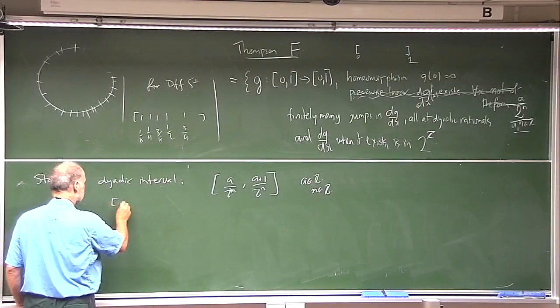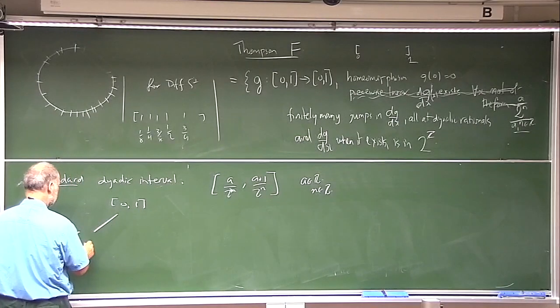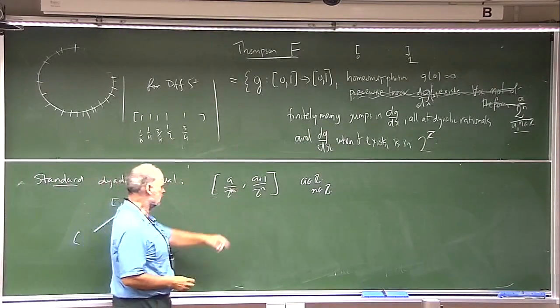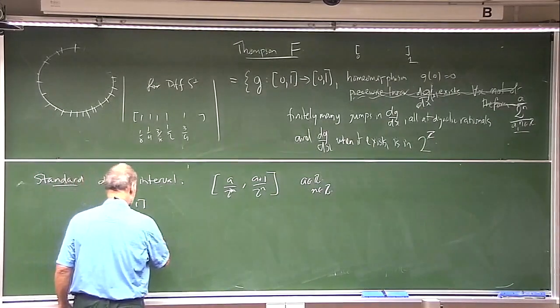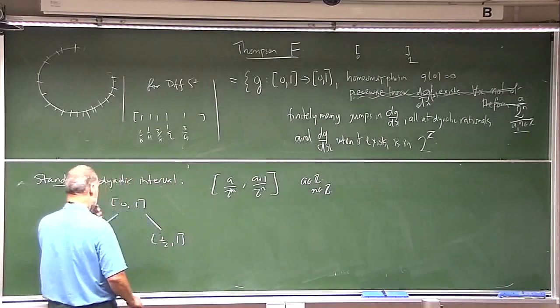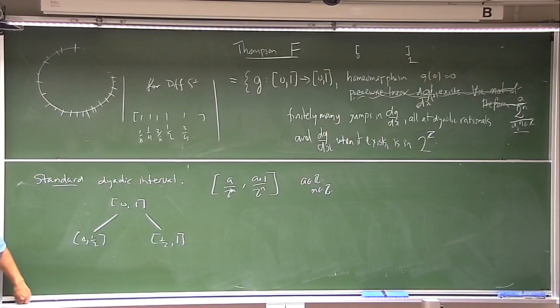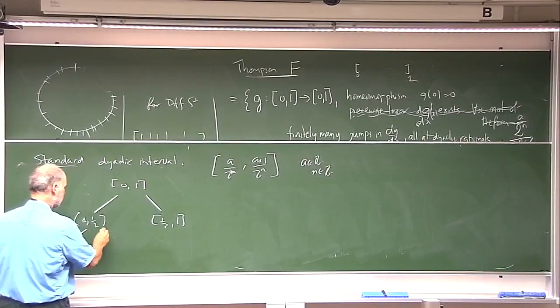So the first one is 0, 1 itself. Then the second level, if n is equal to 2, there's exactly two of them. The first one is 0, 1/2. The second one is 1/2, 1. And then you keep on going.